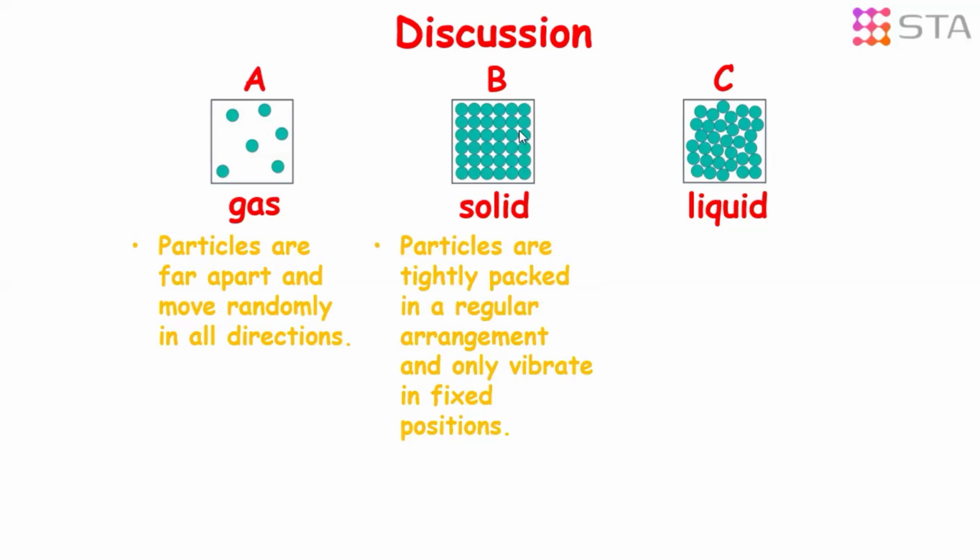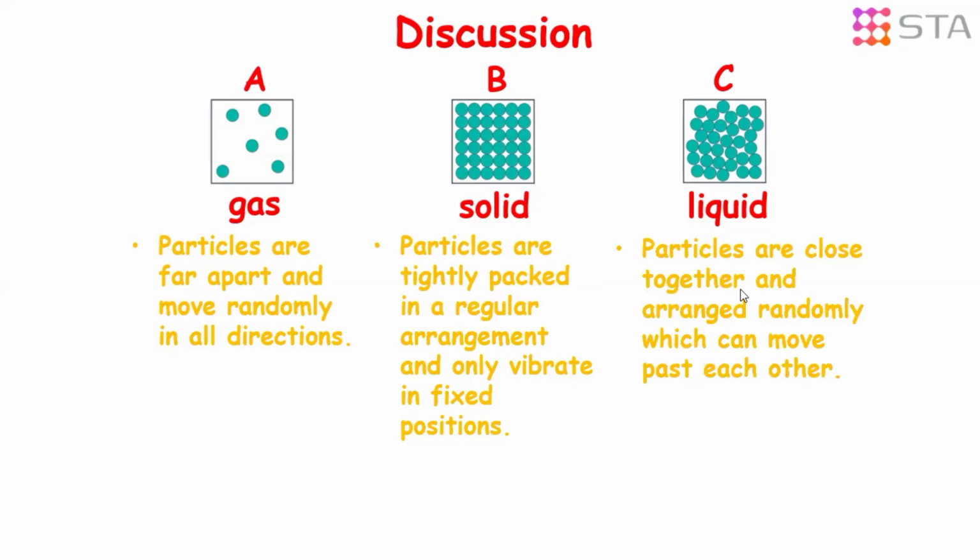You can see the regular rows or layers, and they only vibrate in fixed positions. So they cannot move around and swap positions, but they can vibrate in their fixed positions. For box C, the particles are close together and arranged randomly, and can move past each other.